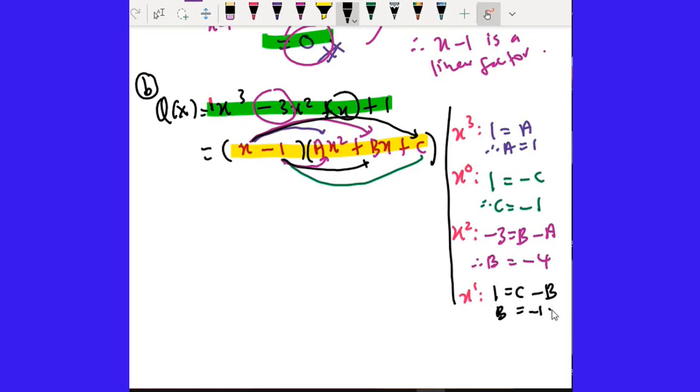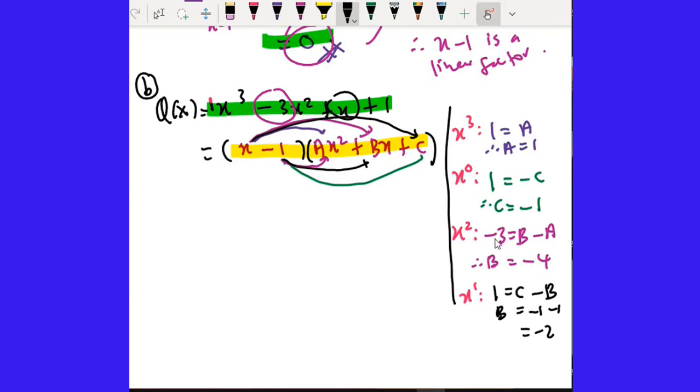Bring here minus 1 is equal to negative 2. Check, double check. Which one is correct? Wait. The x squared one is negative 1.